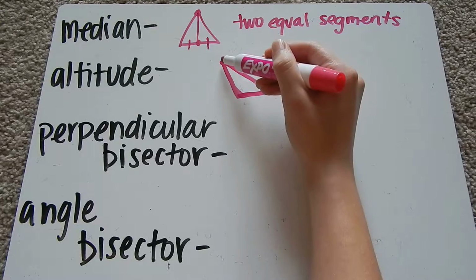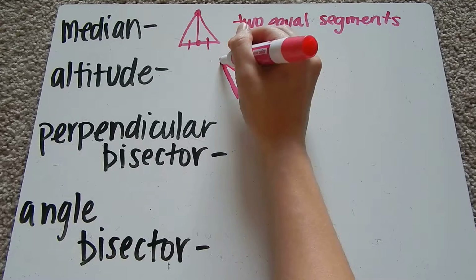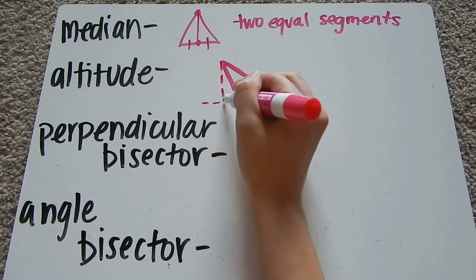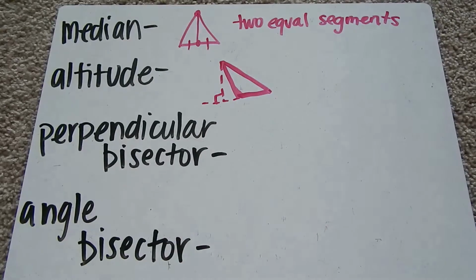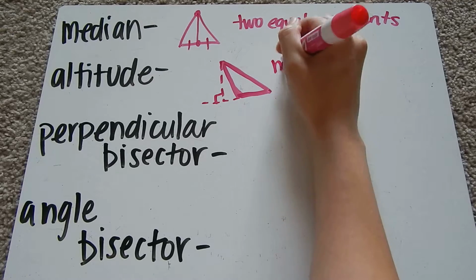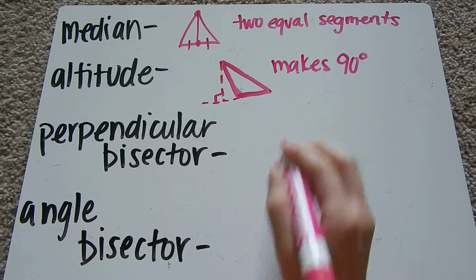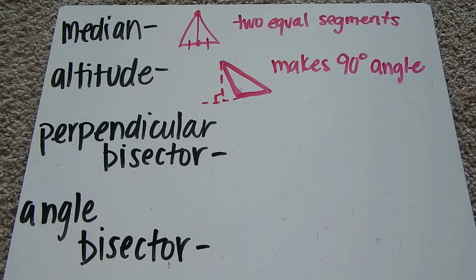So I'm going to draw a line that is perpendicular to this side here, so it's just going to come down like this. It's actually not going to touch the side, but if you extended the opposite side out, that would be the altitude. So it makes a 90-degree angle. That is what an altitude does, creates a 90-degree angle.